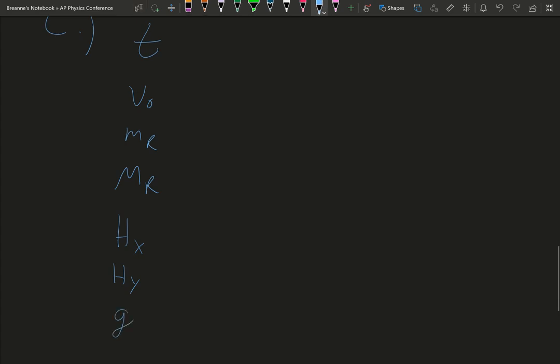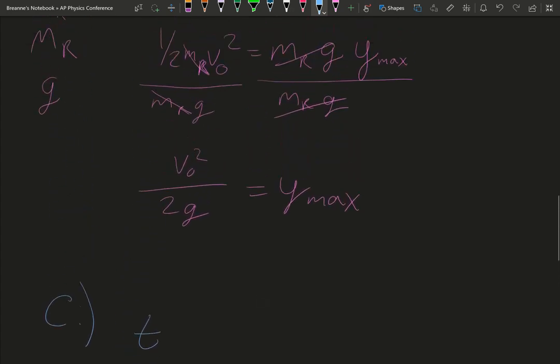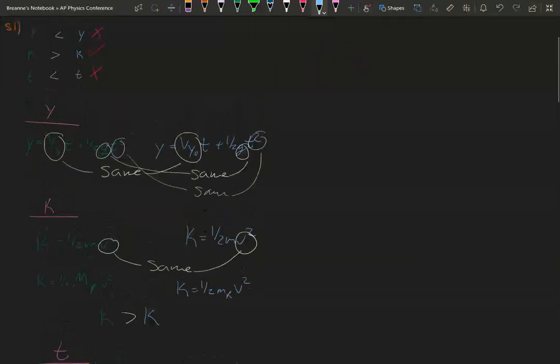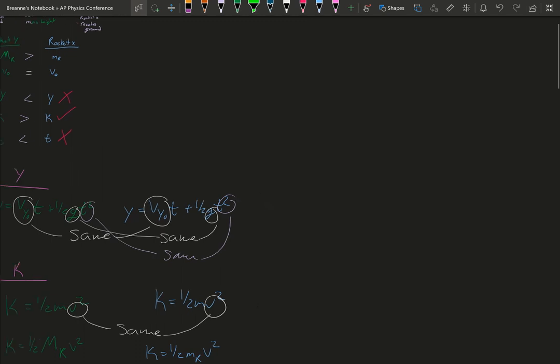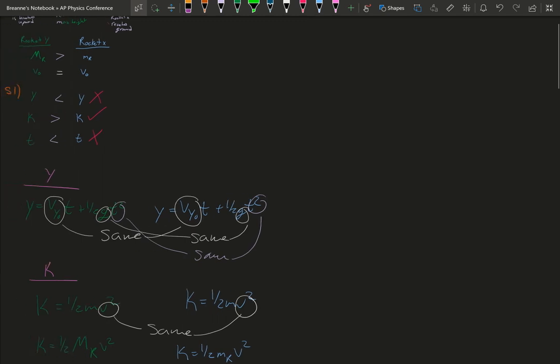So those are the only ones we're allowed to use. So we're going to go back to this equation up here that we tried to use for our time.